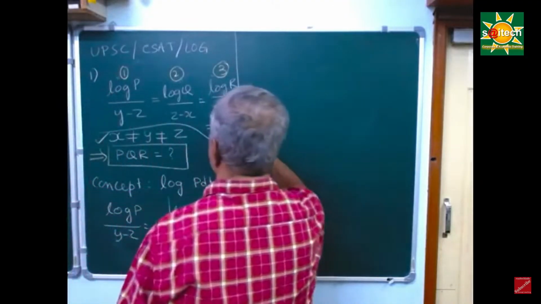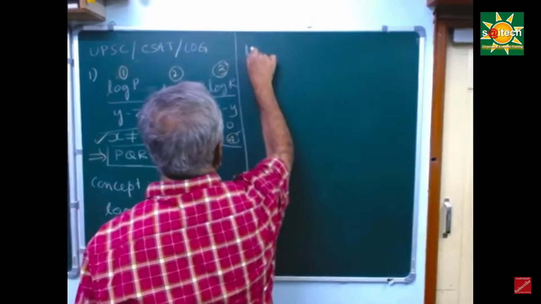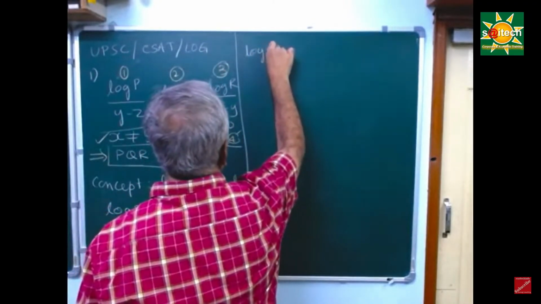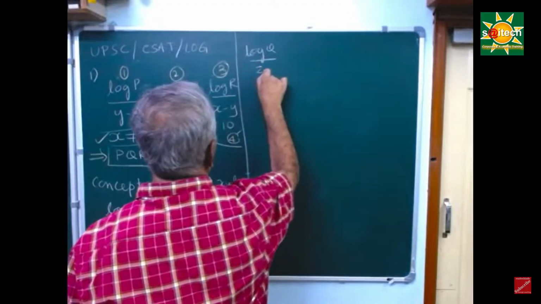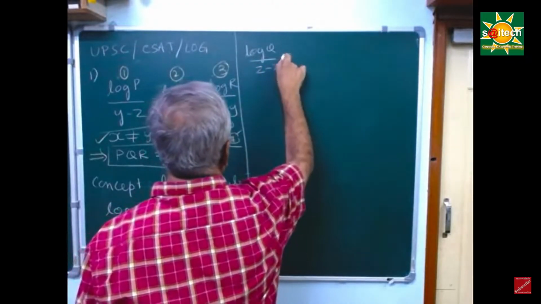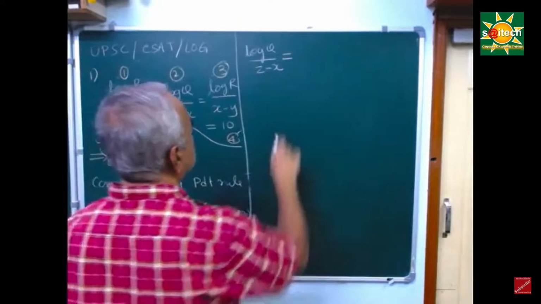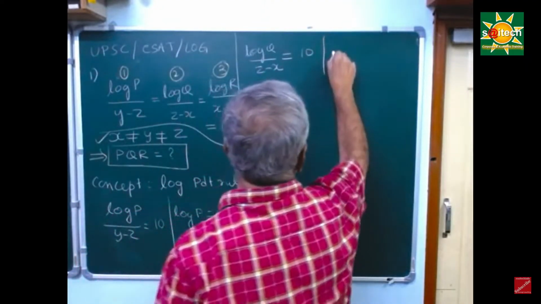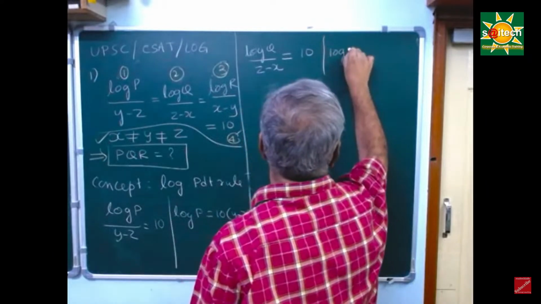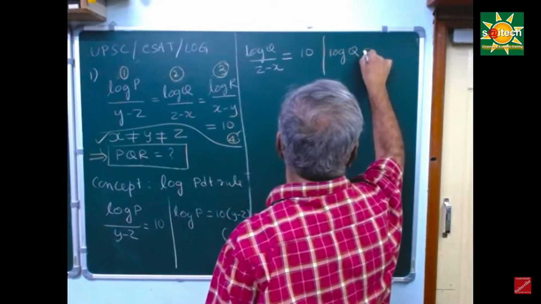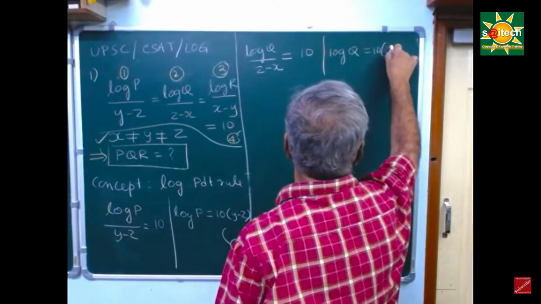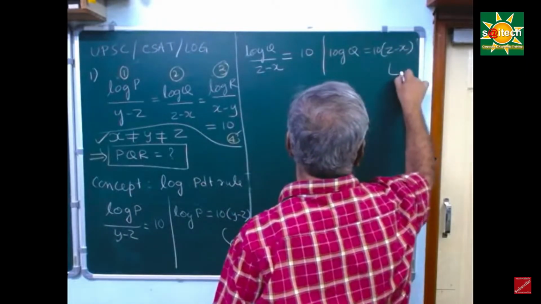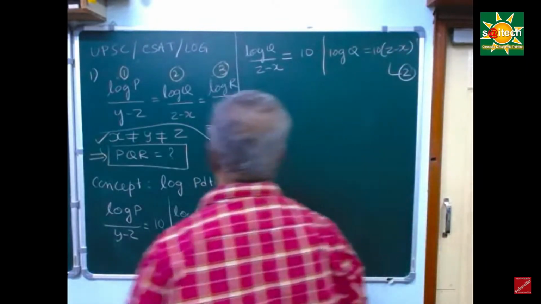Then let us take the second term, that is log Q divided by Z minus X, and compare it with the fourth term, that is 10. This can be rearranged as log Q is equal to 10 into Z minus X. Let us take this as equation 2.